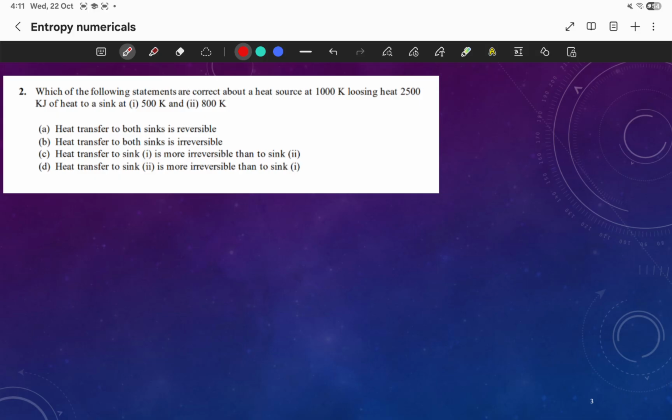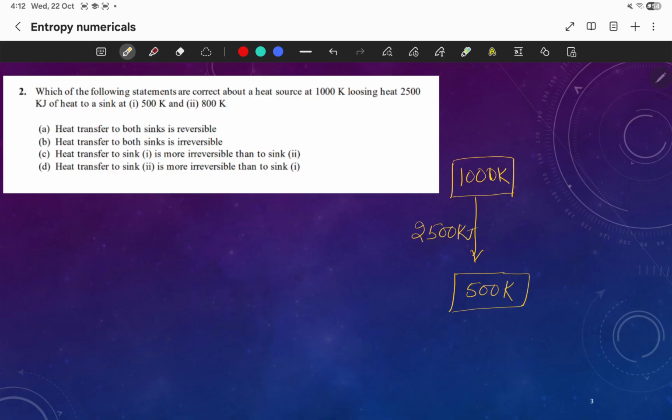In this question number 2, which of the following statements are correct about a heat source of 1000 Kelvin is losing heat to a sink of, in one case we have 500 Kelvin, so this is how much, 2500 kilojoule.